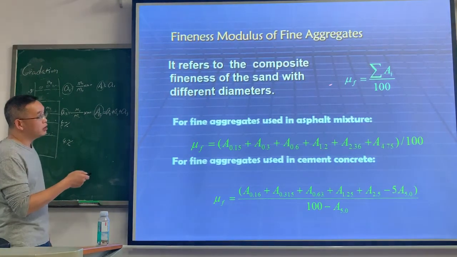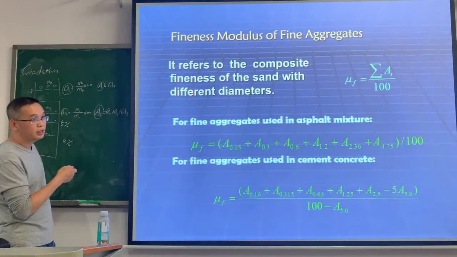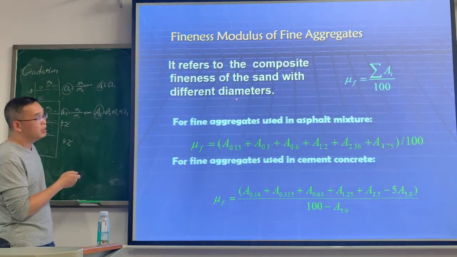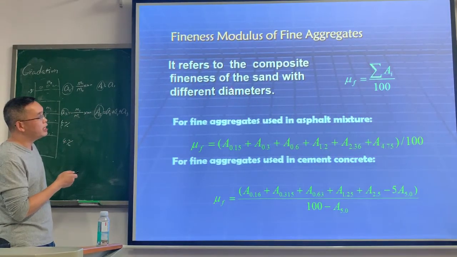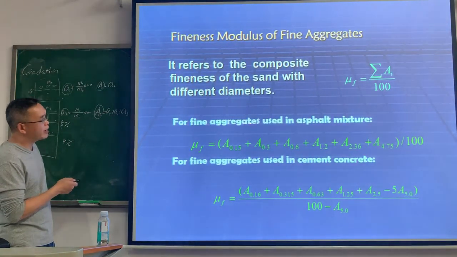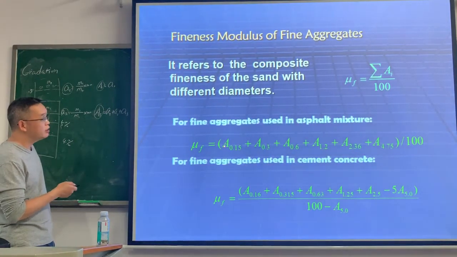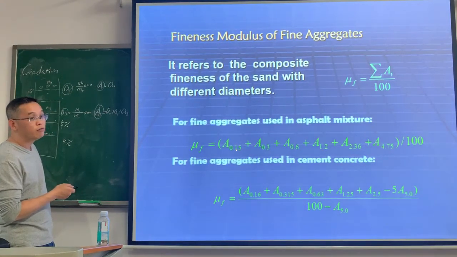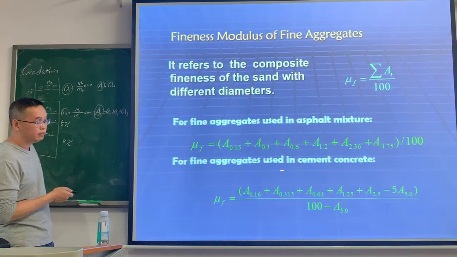The fineness modulus refers to the composite fineness, especially for the fine aggregate of the sand, because the sand belongs to the fine aggregate with different diameters. The diameter means the size. For fine aggregates used in asphalt mixture and for fine aggregates used in cement concrete, the formula of fineness modulus is different, but there are some similarities between them.